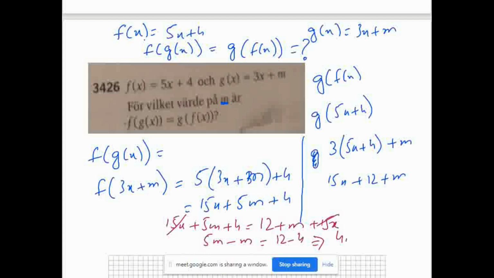So 4m is equals to 8, and then what will be the value of m? Positive 2. So we can say that when m is 2, then these two functions will be equal. Is it the right answer? What's the answer in your book?